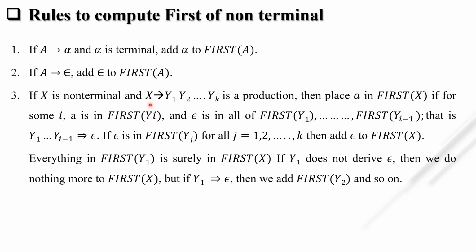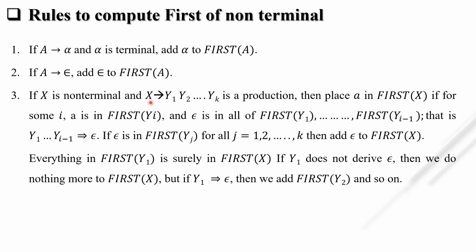For example, this is a non-terminal. If the first position is a non-terminal, then we have to check the first of this non-terminal, this Y1. So if the first of Y1 is small a, then the first of X is also small a.